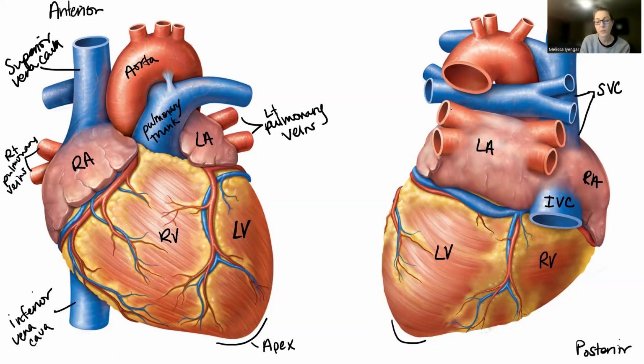So you can see those are mostly on the posterior side. So that's my left pulmonary veins, and that's my right pulmonary veins. If you don't know your right from your left side, just think about, well, those ones are closer to the right atrium, so that's the reason why. So that's our anterior versus our posterior side.